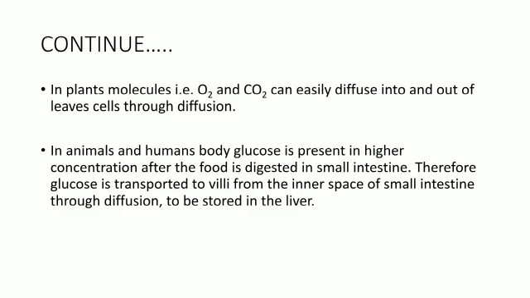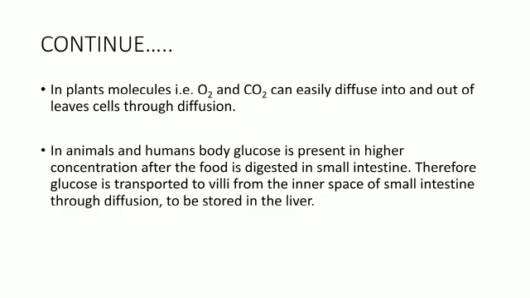So therefore the glucose will be transported to the villi from the inner space of the small intestine through diffusion, to be stored in the liver. Now what does it mean, dears? It means that the glucose present in the small intestine will now be transported to the villi.